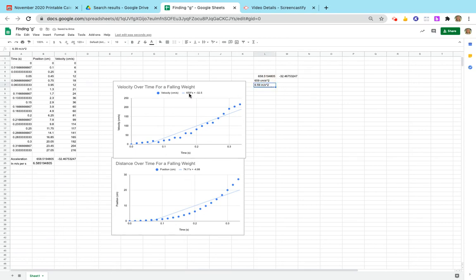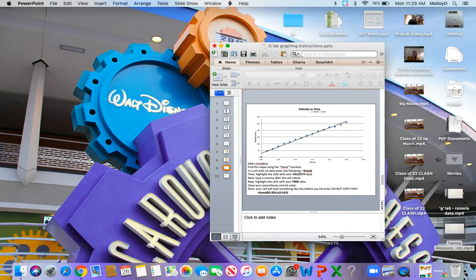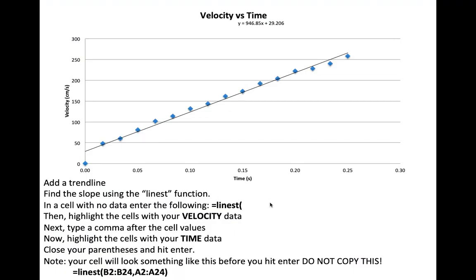So in this case, the trend line did actually match up, but sometimes something really weird happens with the trend line and you get two different values. So using that LINEST function is your better bet, generally speaking. The step-by-step instructions are listed here.